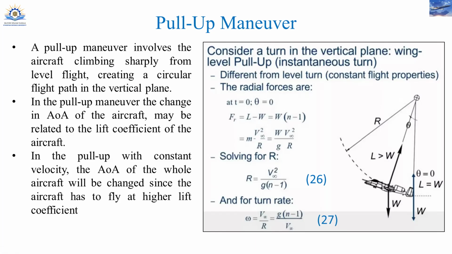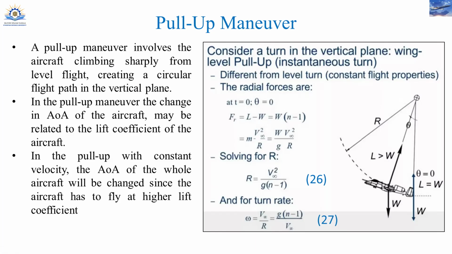Here it is simply G times n minus 1. In order to find the minimum turn radius, V should be minimum because the radius and velocity are in line, but n is in the 1 over n condition.